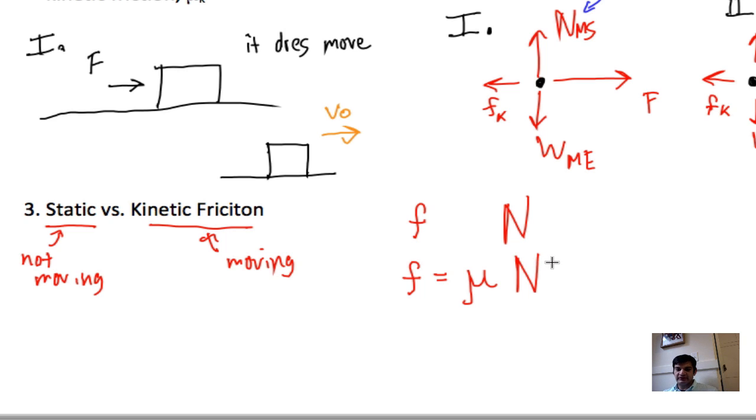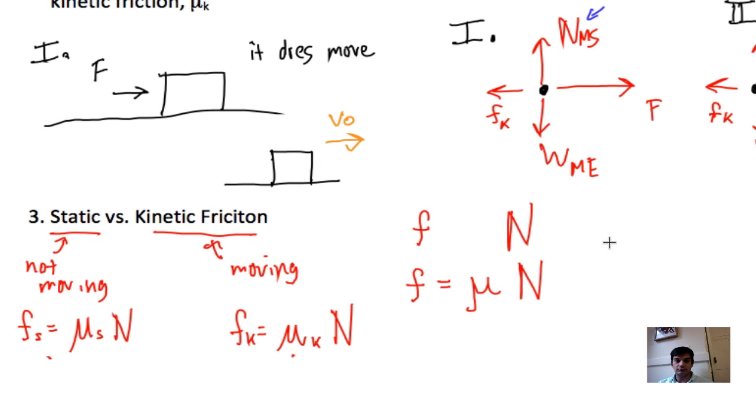And since we notice there's the friction of an object standing still and the friction of an object moving, we're going to name two different coefficients. So we have the static friction equals mu static times the normal force acting on an object, and the kinetic friction is mu kinetic times the normal force. And it's not just that we are trying to distinguish between the friction of not moving and moving.